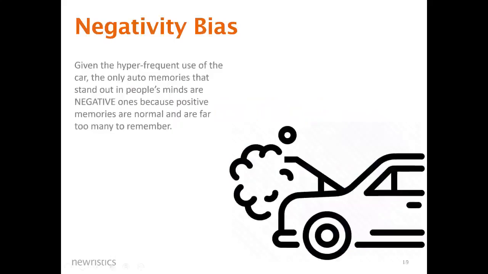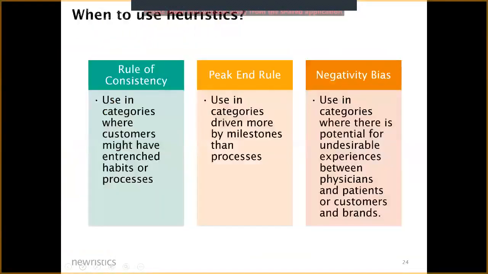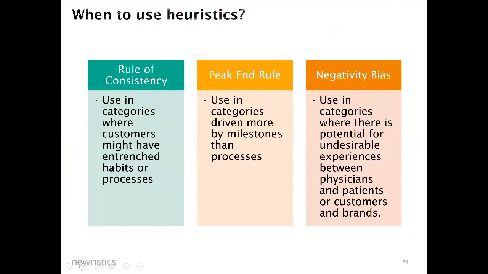I would like to show one slide as you leave, just so that you know where and how to use rule of consistency and peak-end rule. Our goal is to teach you this science in a way so that you can apply it almost immediately.